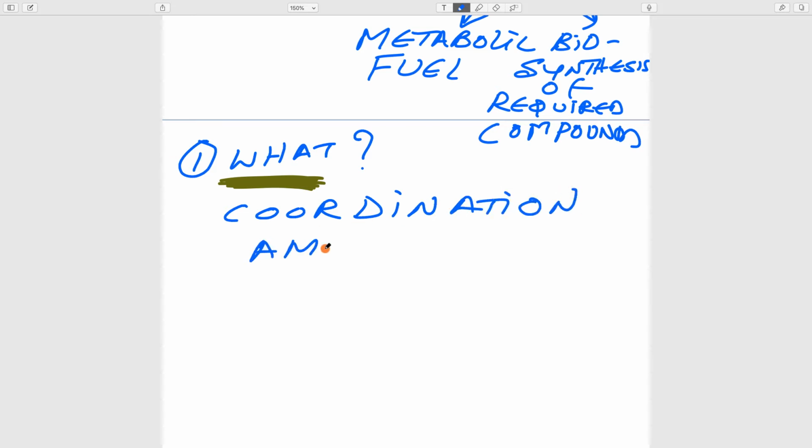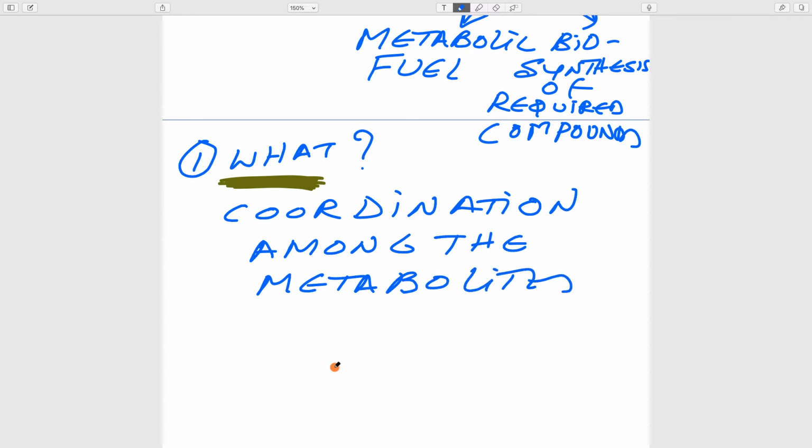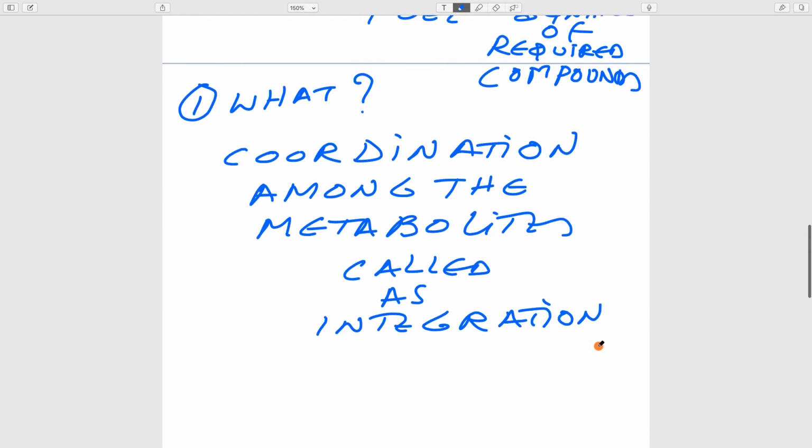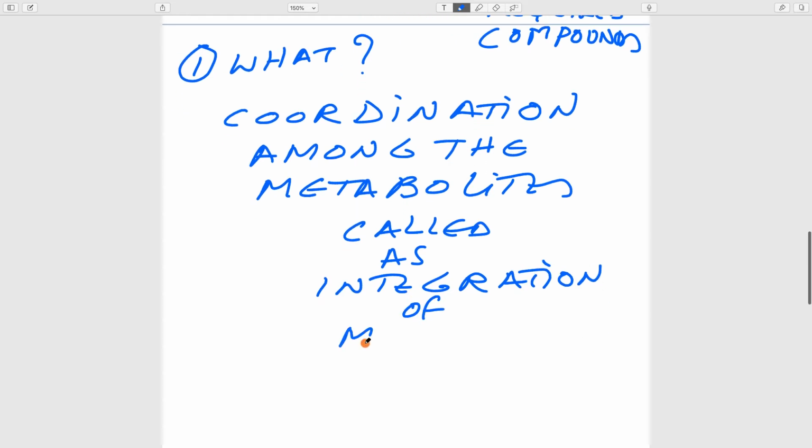Coordination among the metabolites: carbohydrates, proteins, and fat, and also many other metabolites. That is what we call integration of metabolism. That is the way we define integration.